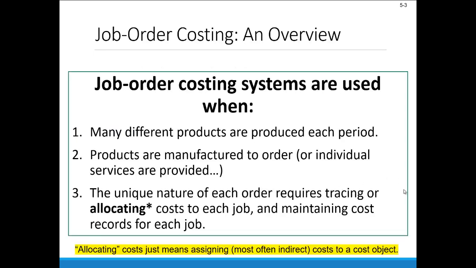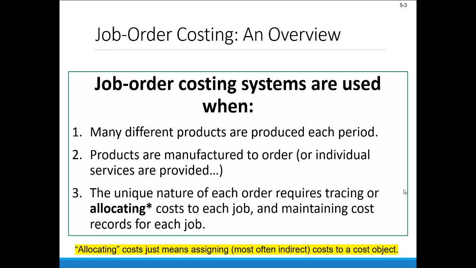So job order costing systems are typically used when the firm provides a whole bunch of different products or services each period to customers, and where the products or services are specialized or custom to customer specifications. They're not mass produced, in other words.